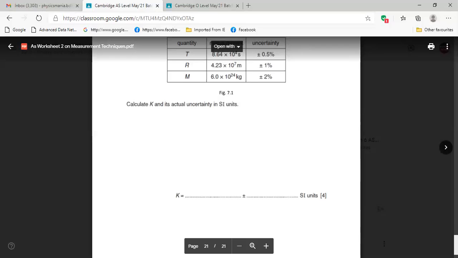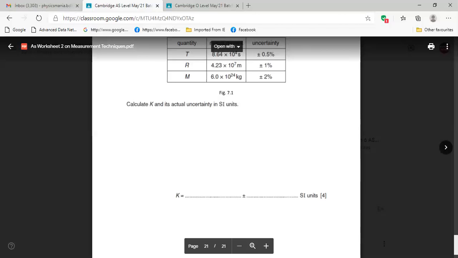You take one decimal place, that is better. So it's 1.06 times 10 to the power 27.